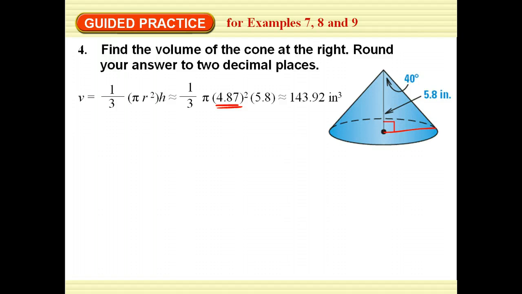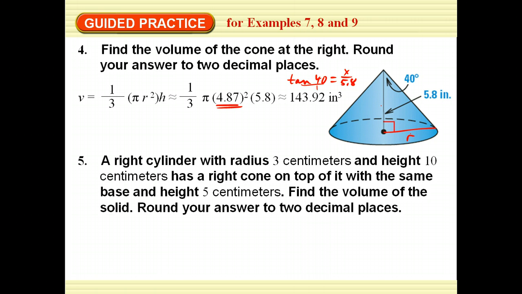Well, we had the adjacent, we were looking for the opposite, so we simply used the tangent of 40 degrees is equal to the opposite, which is what we were looking for, our radius, over the adjacent, which was 5.8. So we solved that for x, and that's where we got our 4.87.